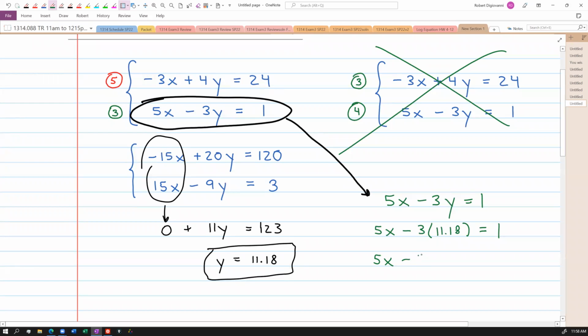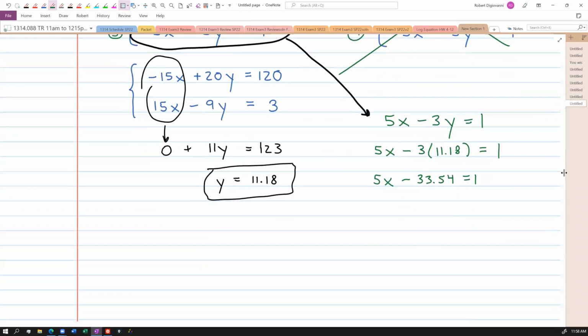So minus 33.54 equals 1. What next? Add 33.54. So you should get 5x equals 34.54. And finally, divide by 5. x is, I'm getting about 6.9, 6.91. Close enough?